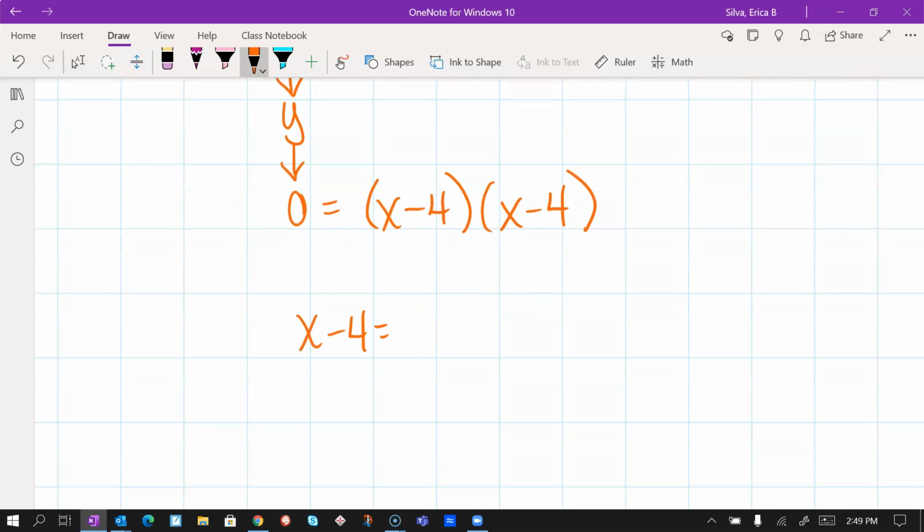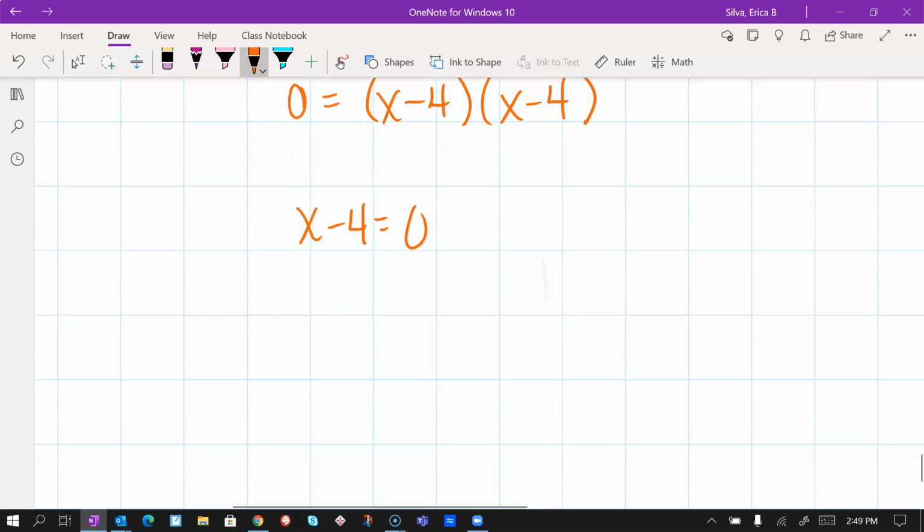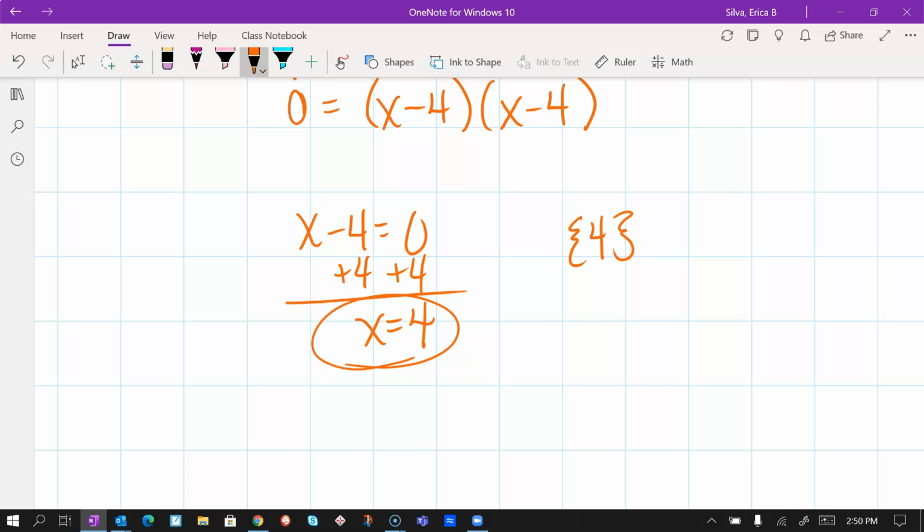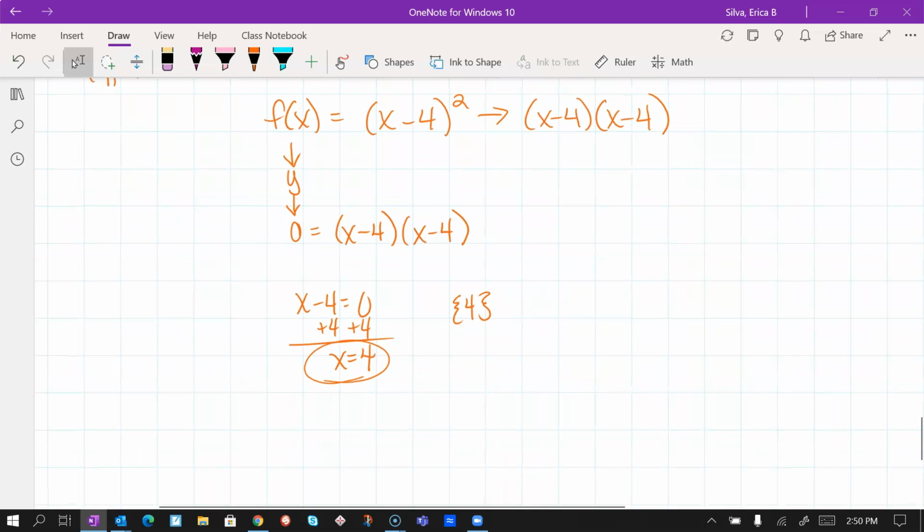Set each one equal to 0, but I'm only going to do it one time because it's going to be the same answer. And x is equal to 4. So it would look like this. Now, do you have to do this part when you're solving? You don't, but it's good to know.